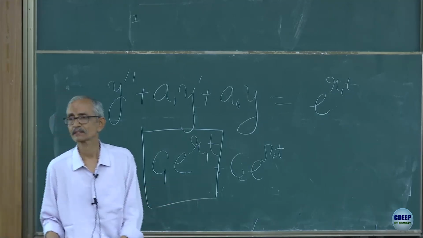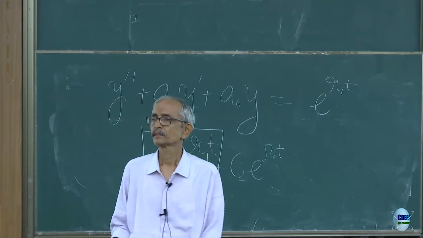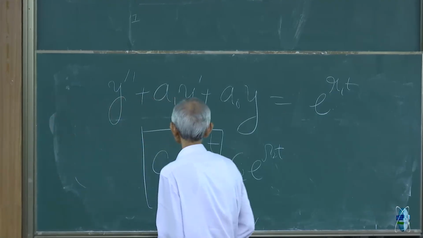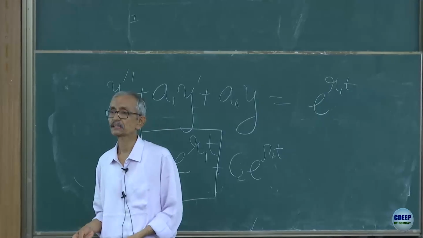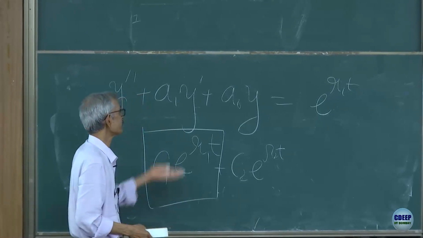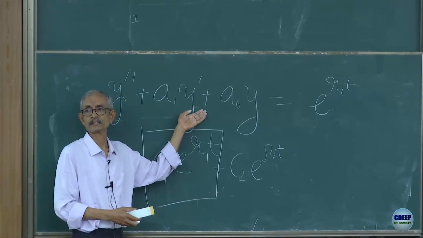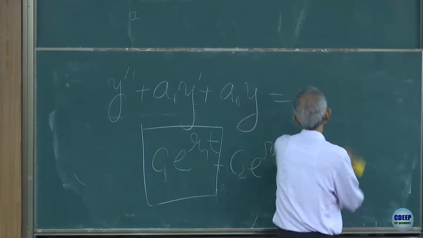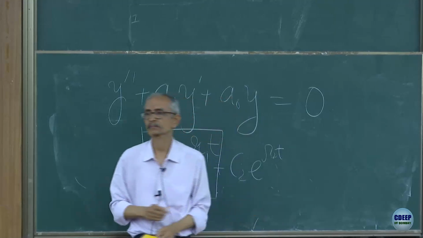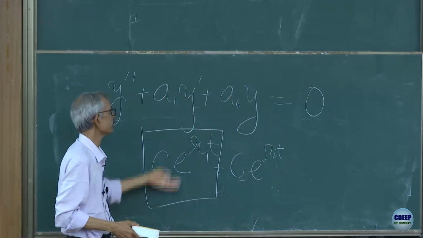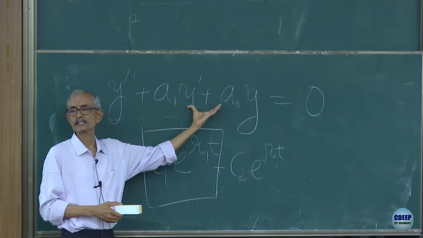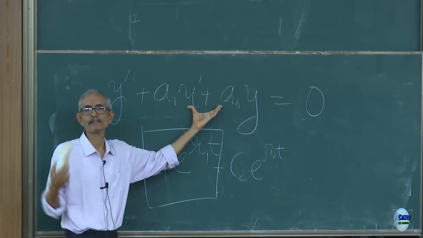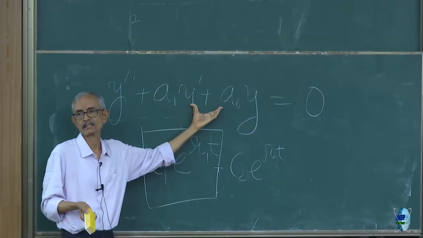This will satisfy the homogeneous equation, because this has come from it. So when you plug it in here, you will get 0, so you can't evaluate whatever your C is.